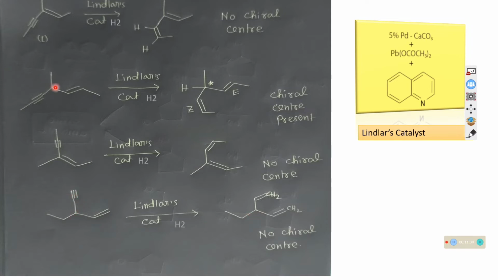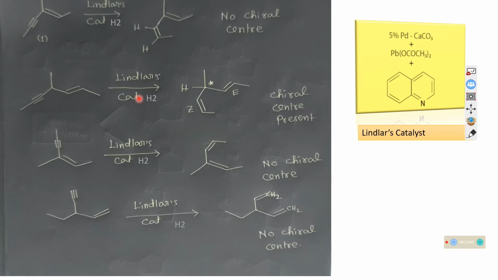So only compound 2, after treating with Lindlar catalyst, gives a chiral compound that contains one chiral center. This is an E alkene, or trans alkene. This is a Z alkene, or cis alkene. This alkyne is transformed into cis alkene after treating with Lindlar catalyst.